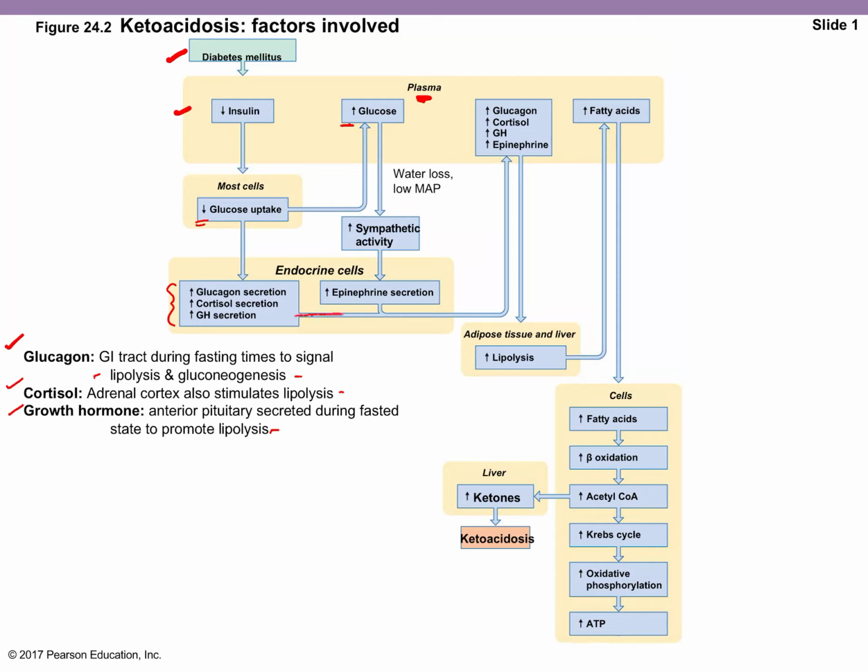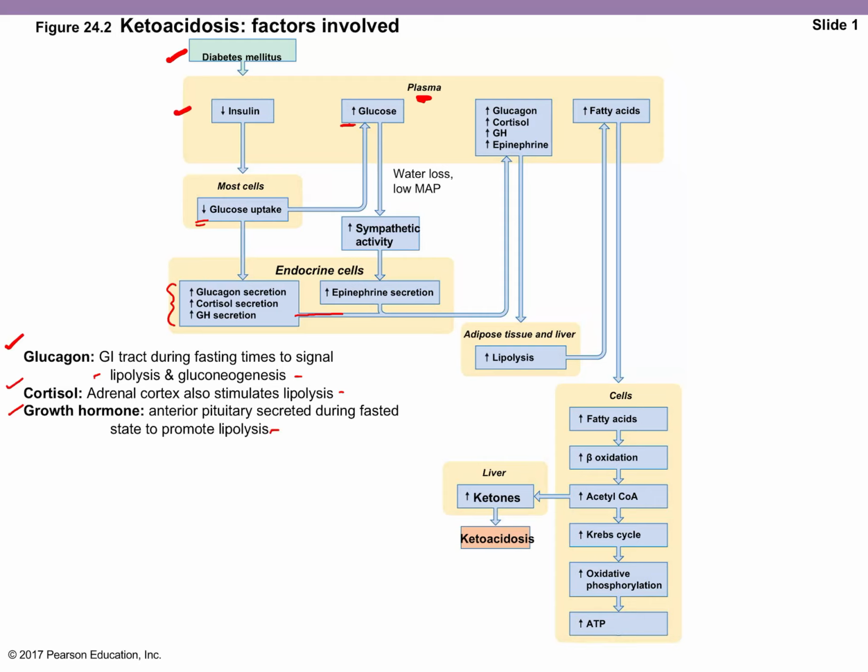So let's look at glucose. Let's look at our sympathetic activity. When you have high glucose in the bloodstream, it is going to act on the kidneys, and the extra sugar is going to disrupt the osmotic balance in the kidneys. When the kidneys are filtering, with the glomerular filtration rate, there's going to be more sugar that's going to be filtered out.